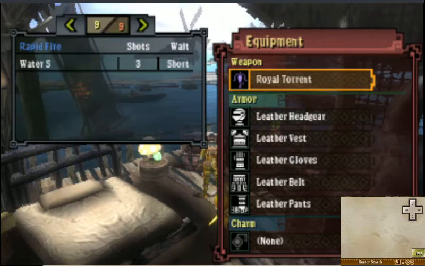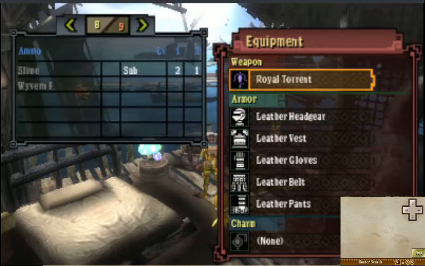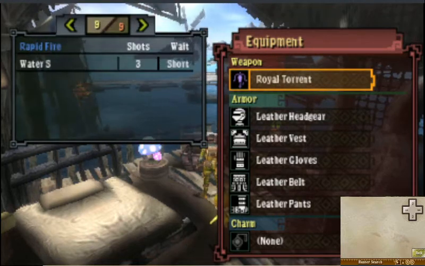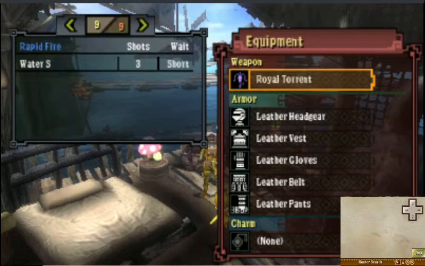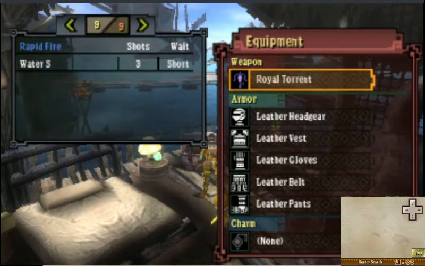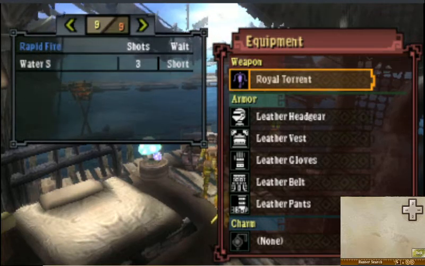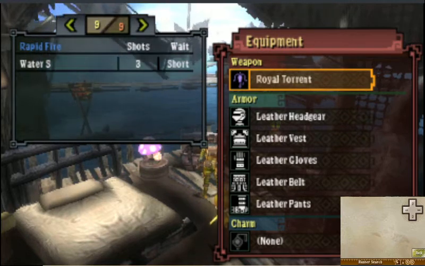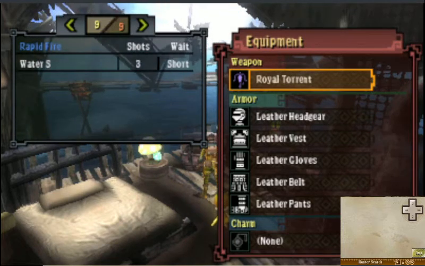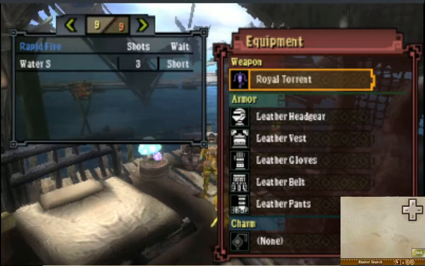You will be able to shoot 3 shots rapidly in one shot, and the waiting time between these shots is listed as short, which means the rapid fire will happen quickly. That's how you interpret this rapid fire page.